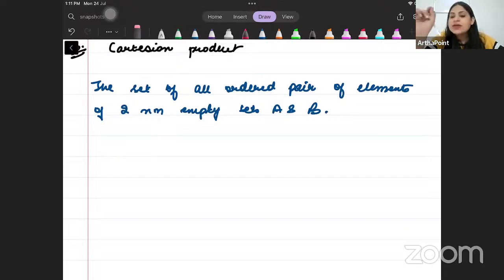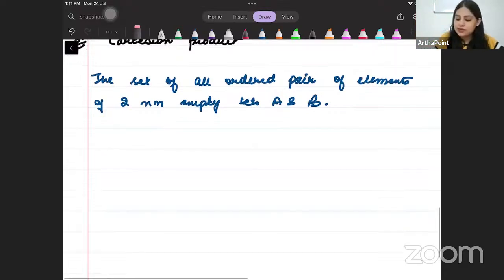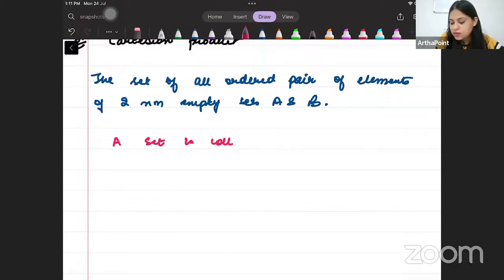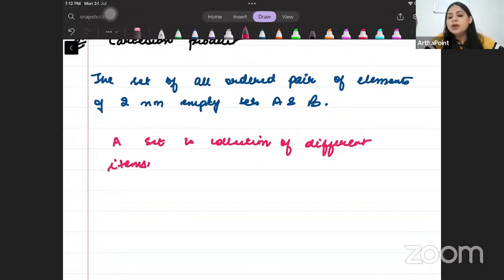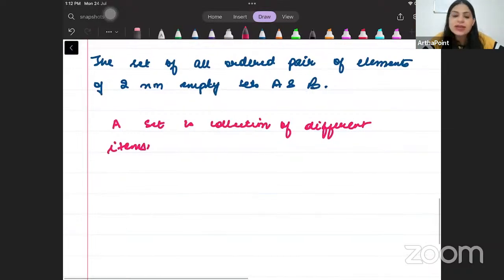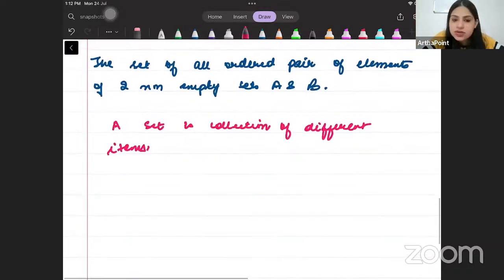So a set is a collection of different items. In simplest term, a set is a collection of different items. Just for example, it can be a collection of natural numbers. It can be a collection of whole numbers.